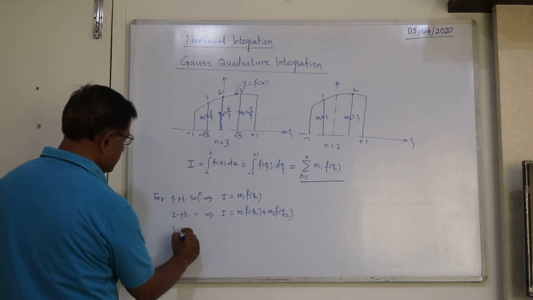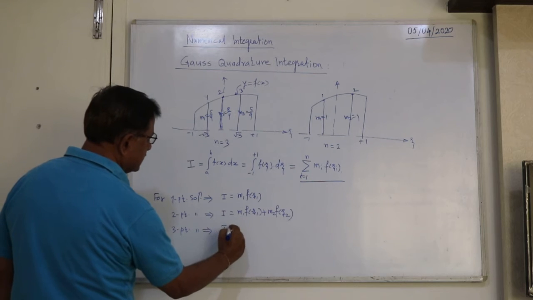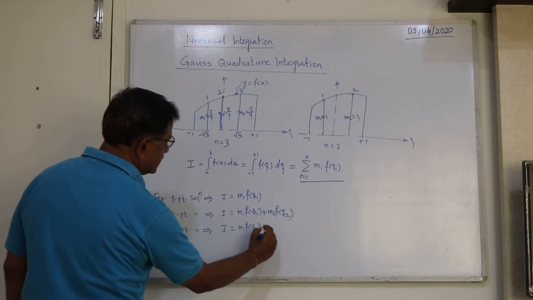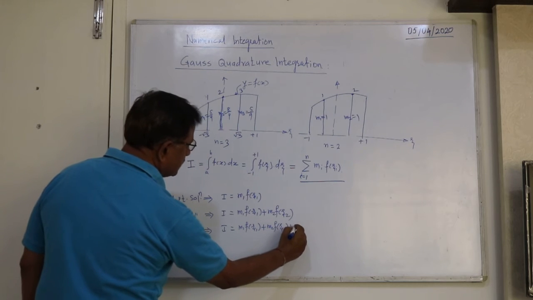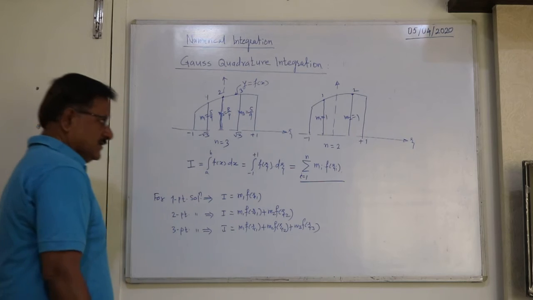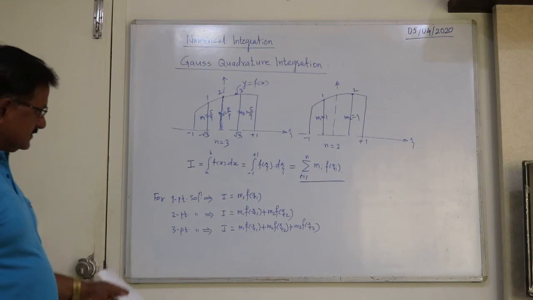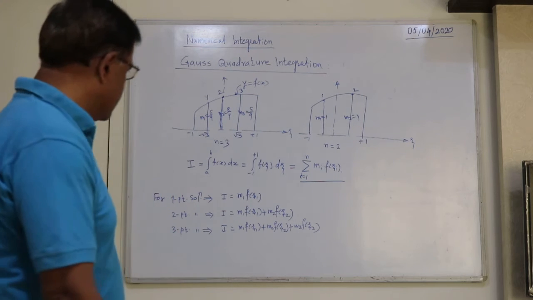If you take 3 point solution or 3 Gaussian points, then I equal to m1 f(xi 1) plus m2 f(xi 2) plus m3 f(xi 3). And so on. If more number of points are considered, then accordingly this is to be worked out.